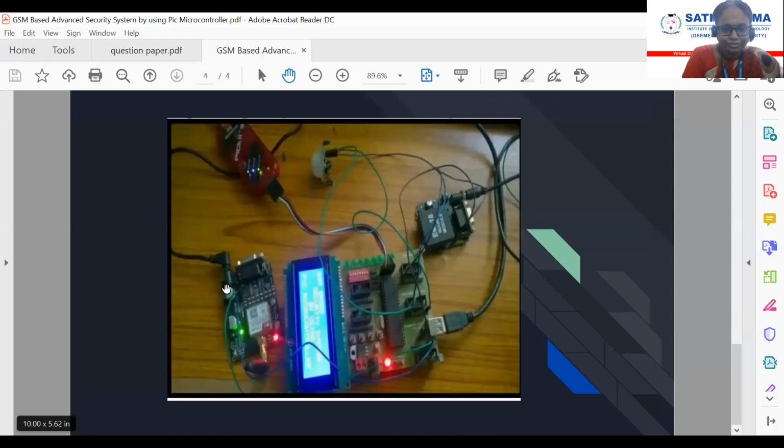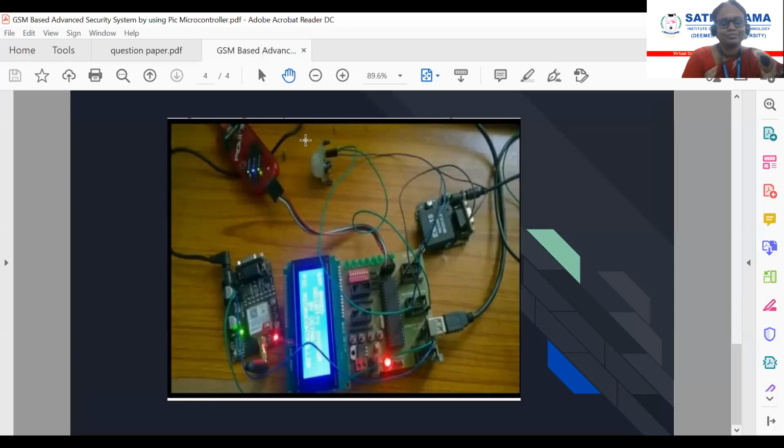This is the complete setup of this project. Once we give a 5 volt supply, the board is on and it will wait for a human to be detected by the PIR sensor. Once a human is detected, the LCD will display swipe RFID card. The RFID reader will read the RFID card data, and if it doesn't match the pre-entered data, the GSM module will be activated and an SMS will be sent to headquarters.